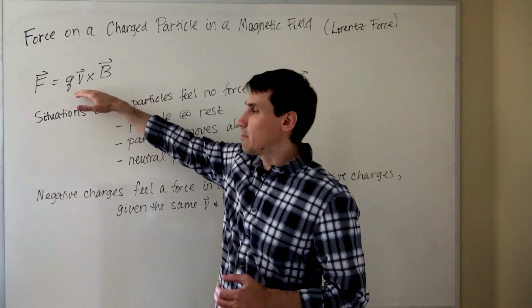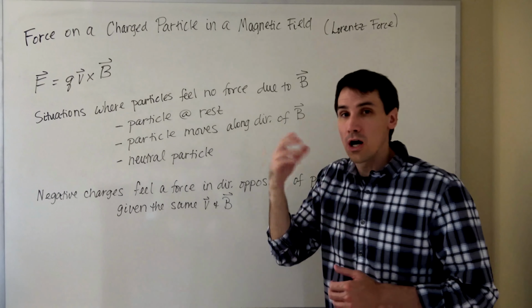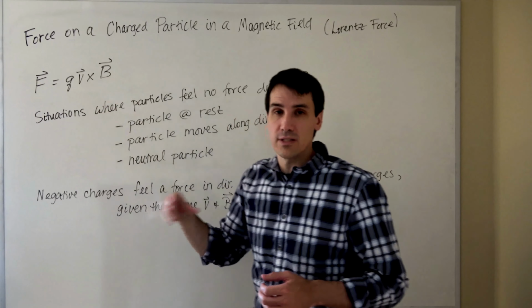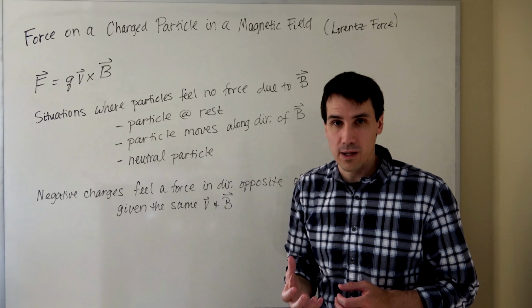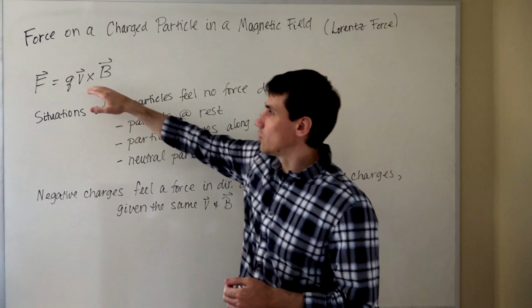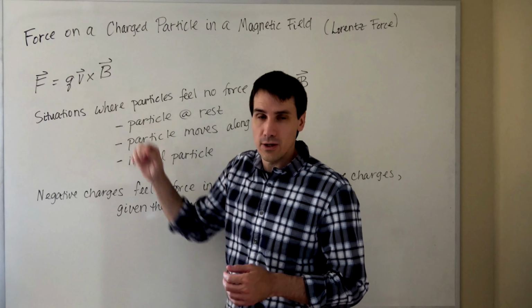Luckily, if we do it mathematically, the minus sign from the charge automatically flips the direction for us, and this equation will always give us the proper direction for our magnetic force as long as we do our cross product correctly and include the negative sign on the charge.